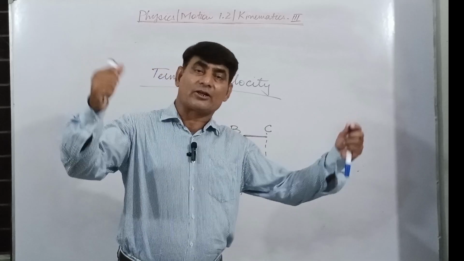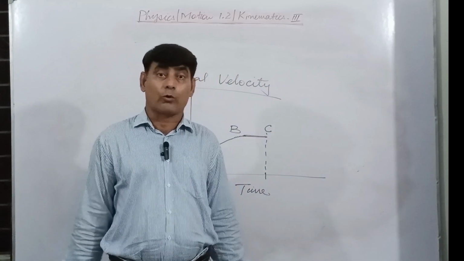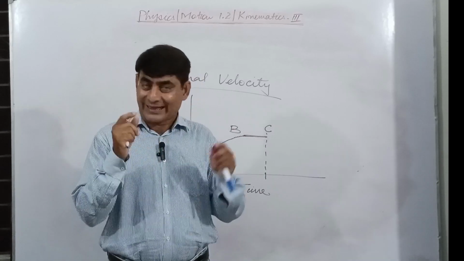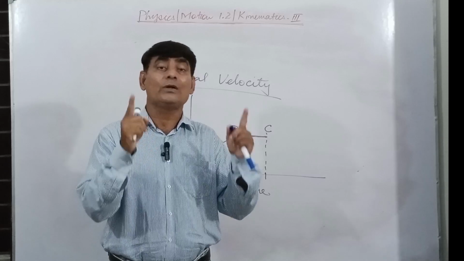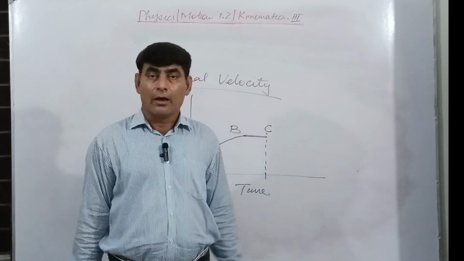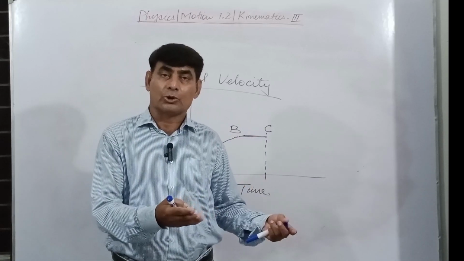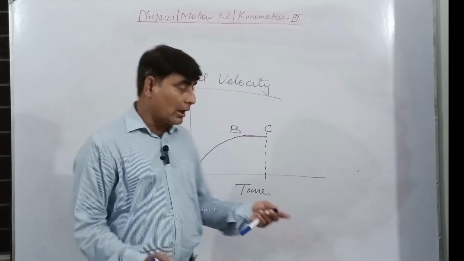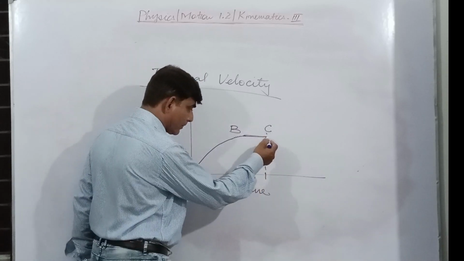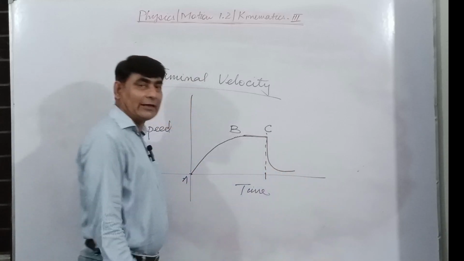Now at this stage, the parachute is open, and the surface area increases. What does it mean? More air pressure will be exerted. Increasing surface area, more air pressure will hit the parachute, and what happens? Speed decreases at once.